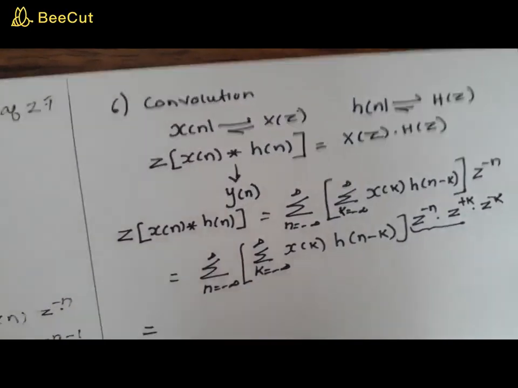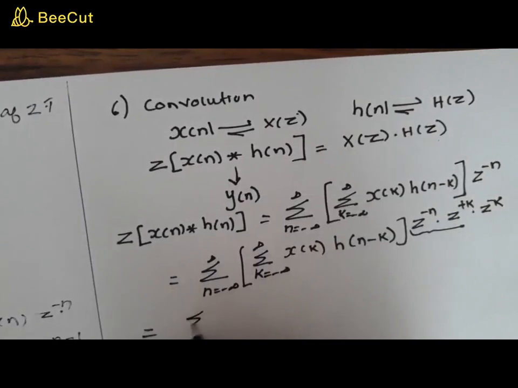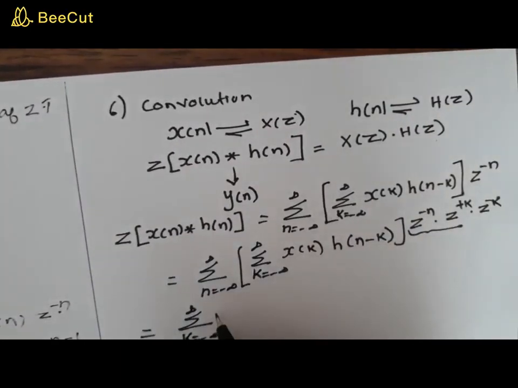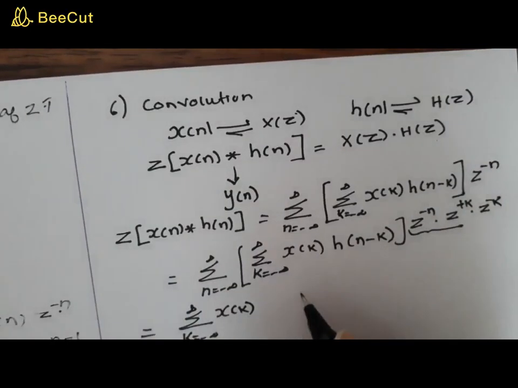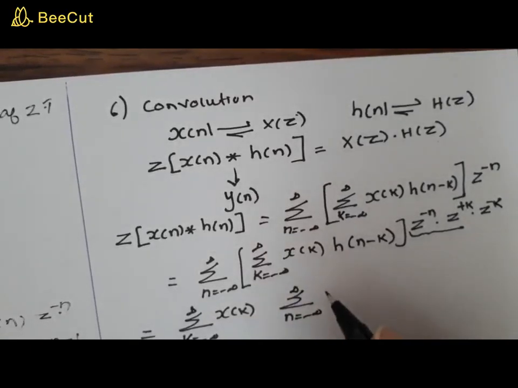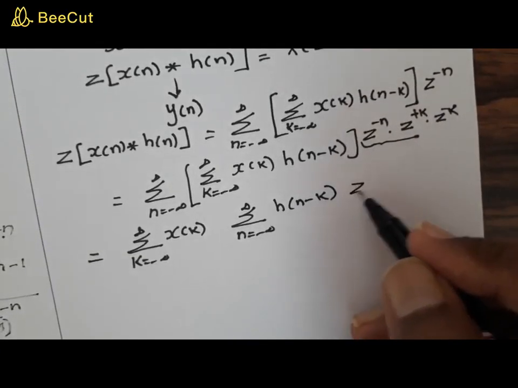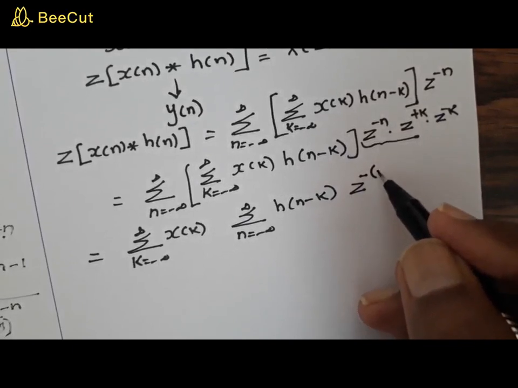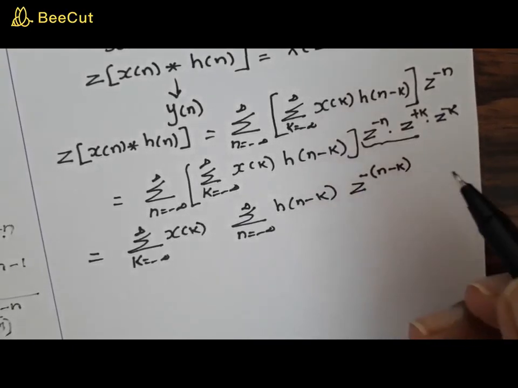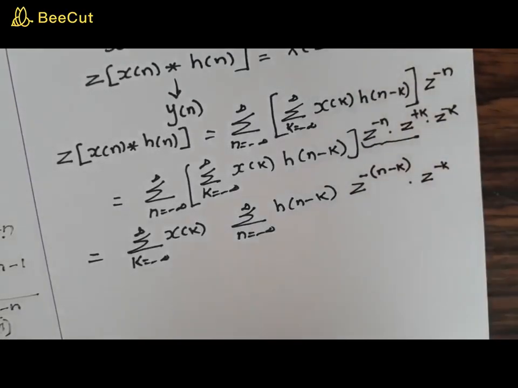Now in the next step you can interchange the summation, say k equals minus infinity to plus infinity. I am taking this x of k outside, with just an interchange of the summation. Technically there is no problem in interchanging this. Then h of n minus k. Now what if I combine these together? You will get z raised to minus (n minus k) into z raised to minus k, right?